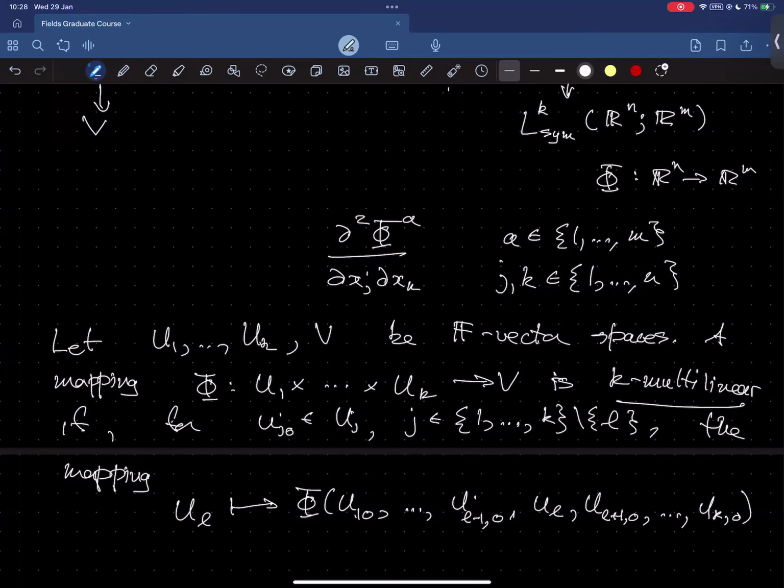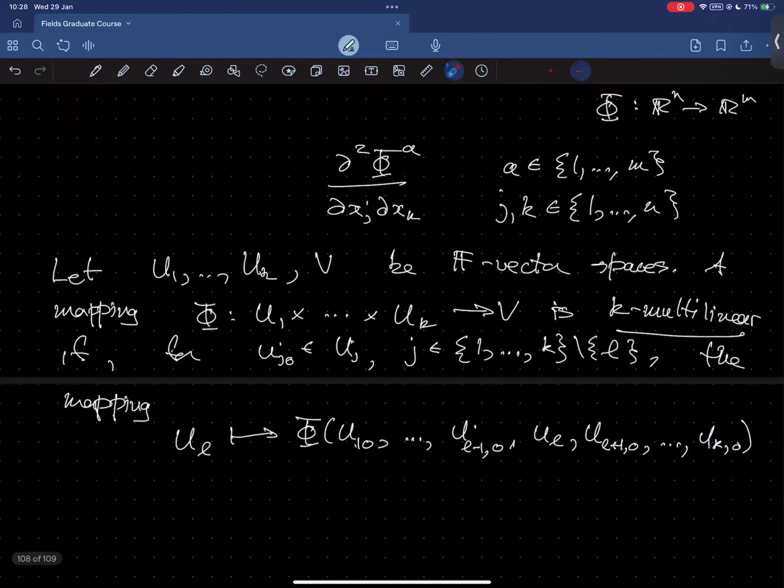Again, this is just tedious, but this means I'm freezing every argument except the l-th one, and that mapping should be linear. That's what it means to be multilinear. So that's what a multilinear mapping is.